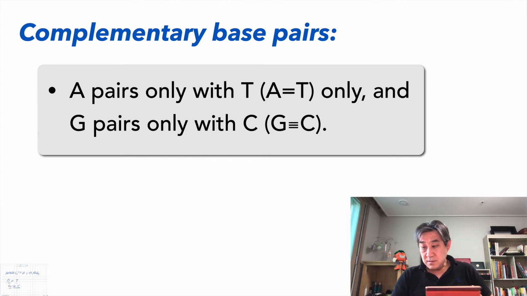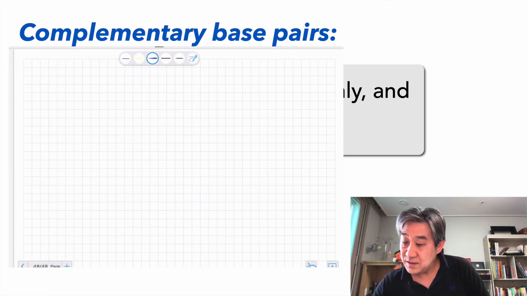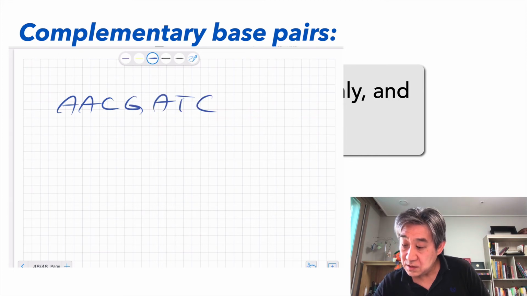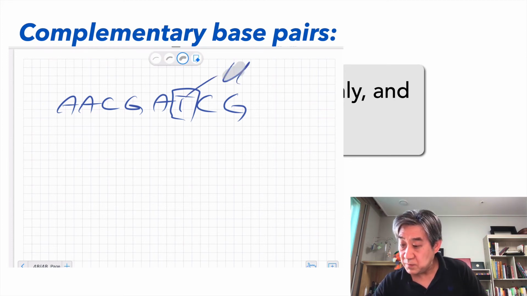For example, you have AACGATCG in this particular DNA sequence. You know this is a DNA sequence because this T exists over here. If this was an RNA, instead of T, the uracil U must have been present over here.